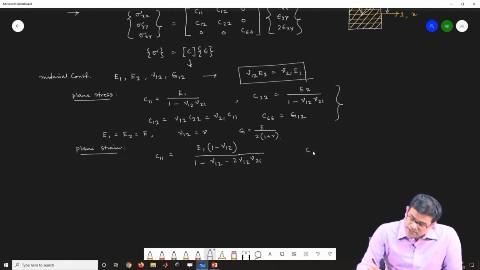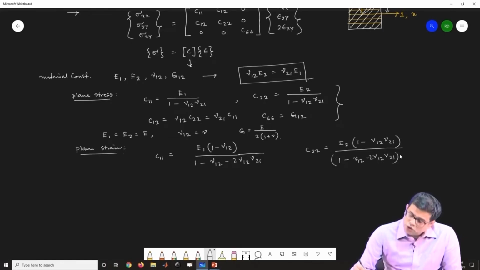Similarly C22 is essentially E2 into 1 minus nu 1 2 nu 2 1 divided by 1 minus nu 1 2 minus 2 nu 1 2 nu 2 1 into 1 plus nu 1 2.